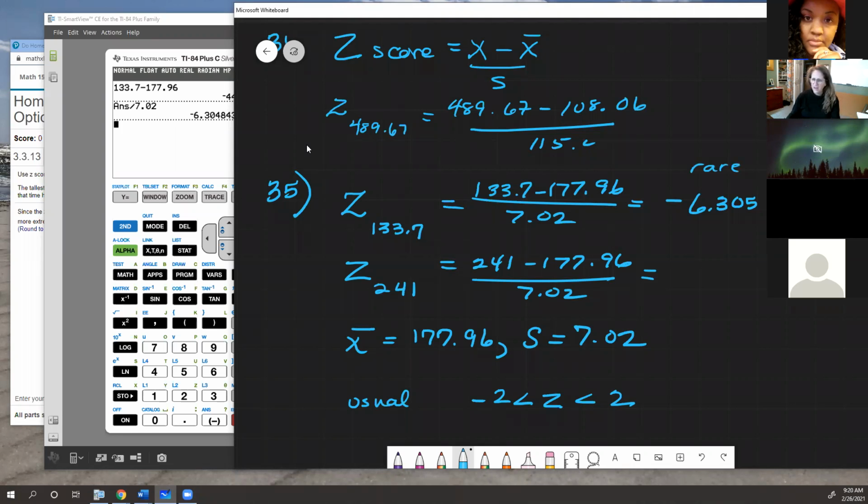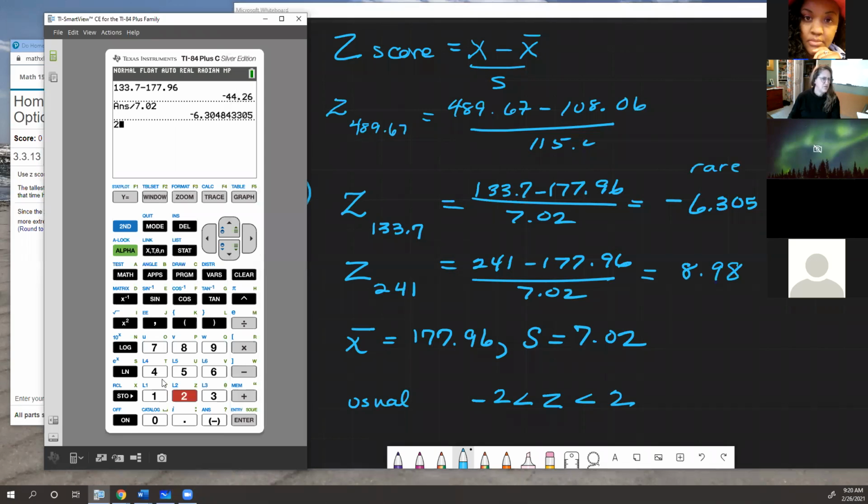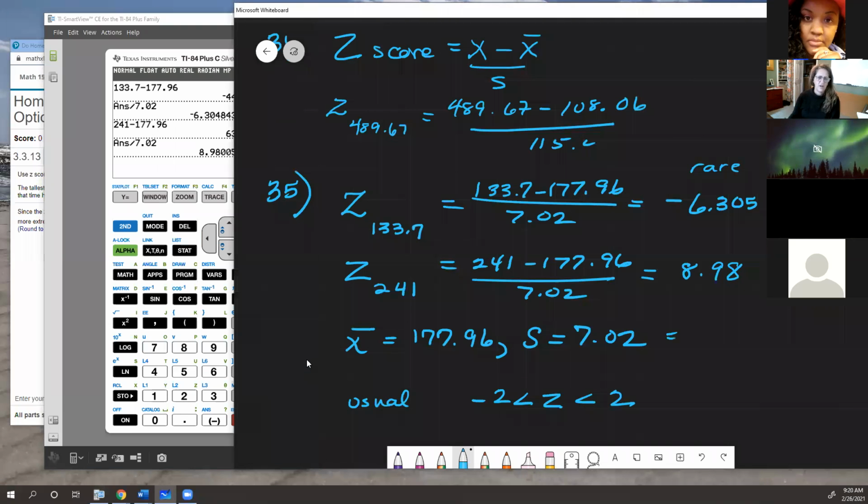Okay, and the largest one, the tall person, everybody agrees it's 8.98. Shantae and Catherine, okay, great. So 241 minus 177.96, enter, divide by 7.02. Yeah, 8.98. Okay.